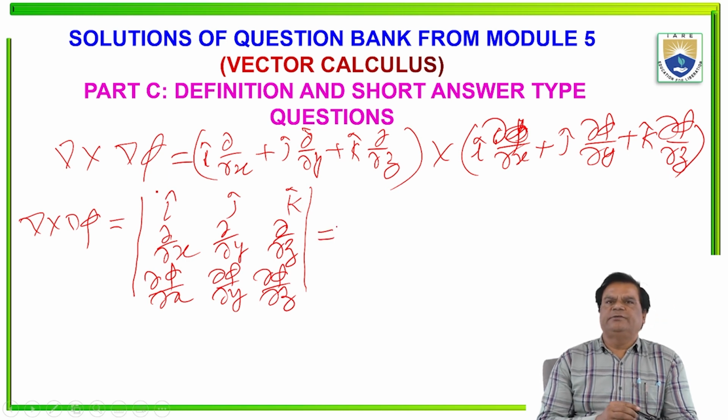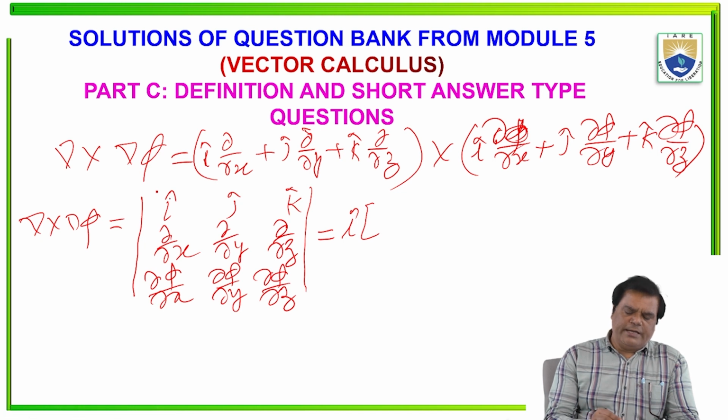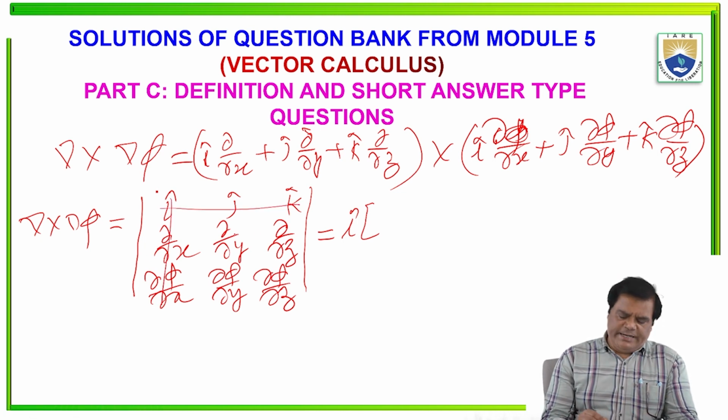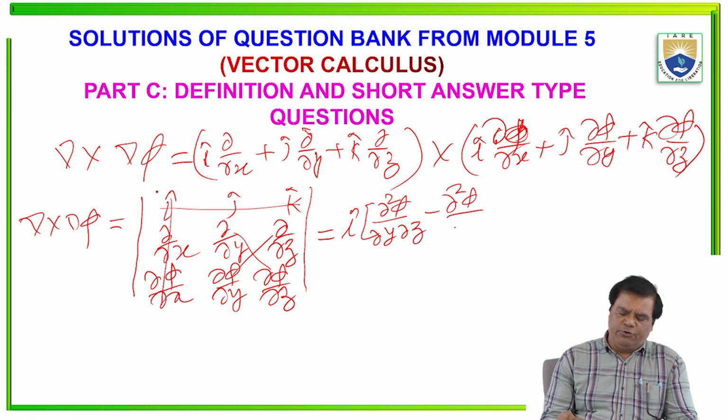Opening this, for i we cancel the first row and first column. So we write ∂²phi/∂y∂z minus ∂²phi/∂z∂y.